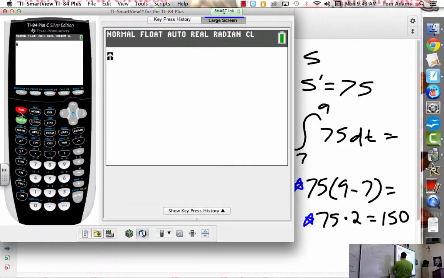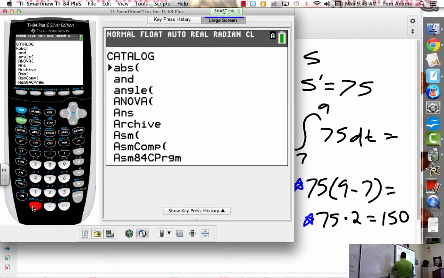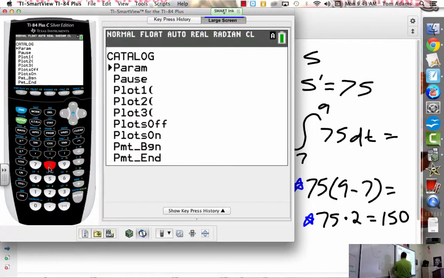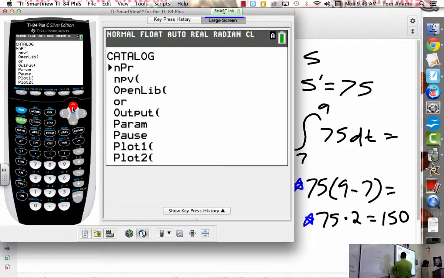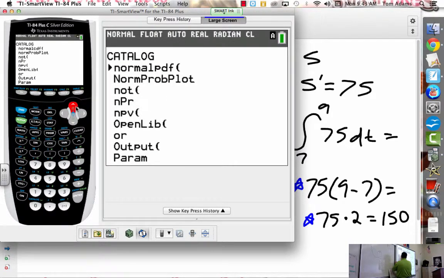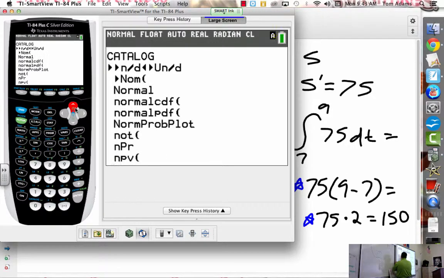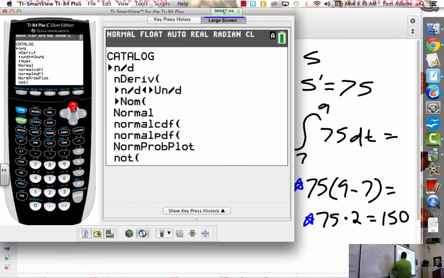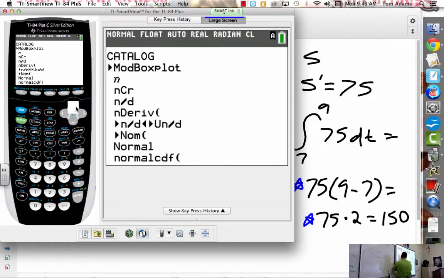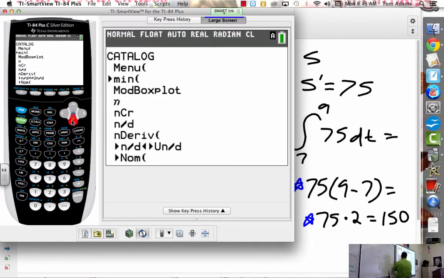What I'm going to do is go into second catalog, and I think it's nint. Or maybe it's just int. fnInt. Okay, thank you. Your textbook says nint.